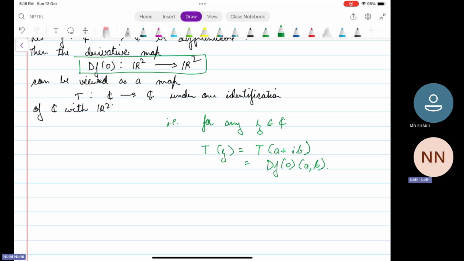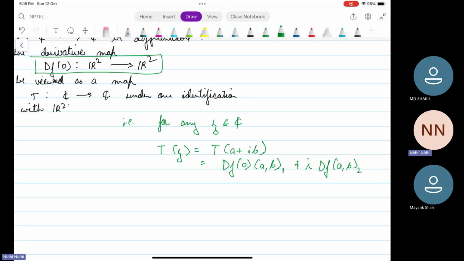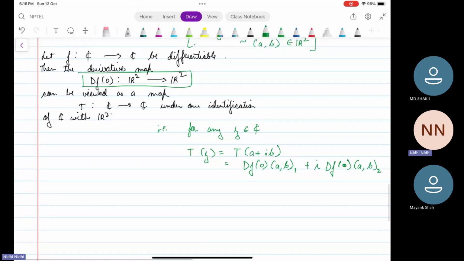So we take the first component plus iota times the second component of df0(a,b). So this is how we define T. We are defining T using the map df0. df0 is a linear map from R2 to R2.